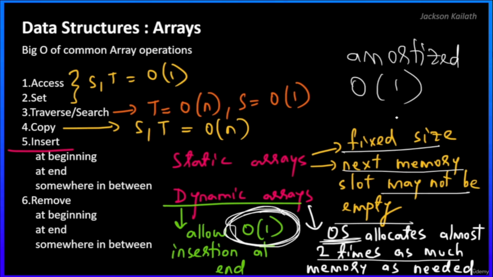So at that instance, it's not going to be an O of 1 operation, but then on average, in most cases, we are getting 9 new slots. So if we even push 9 more elements, it's just going to be O of 1. So we can say on average, in the case of a dynamic array, insertion at the end is a constant time operation. All right, so let's continue.